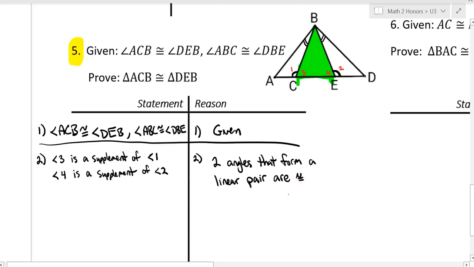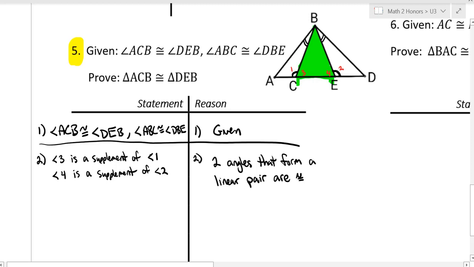Okay, again, a linear pair, so angle 1 and angle 3 are a linear pair because together they form a straight line. Angle 4 and 2 are a linear pair because together they form a straight line. And so that's how we know they're supplementary.